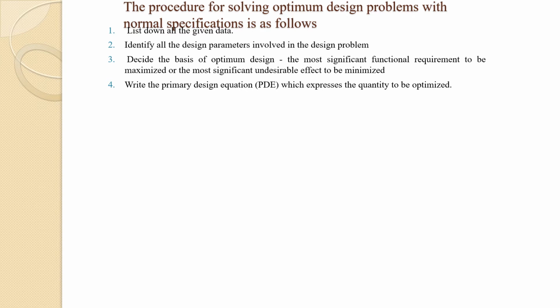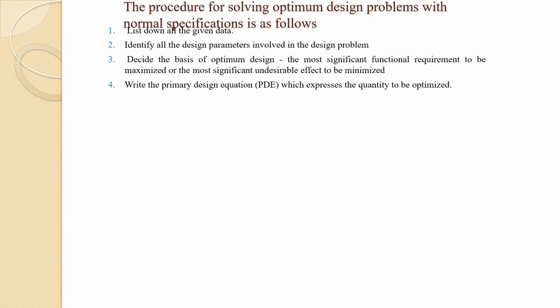Next step is to decide the basis of optimum design, which is the most significant functional requirement to be maximized or the most significant undesirable effect to be minimized, like minimization of cost, minimization of weight, and for maximization, like maximization of power transmission capacity, maximization of strength, etc.